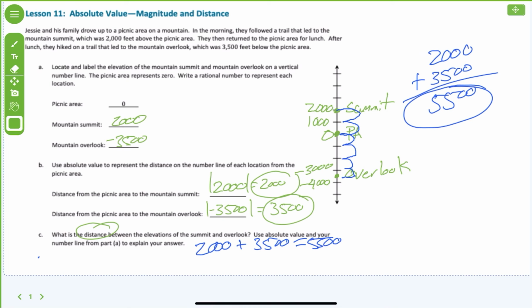Because I don't know if it told us that it was in feet or meters, let me see if it told us. Yeah, it does say feet. So it's going to be 5,500 feet, which represents the distance between the summit and the overlook. Okay, 5,500 feet. Anybody have any questions about that?